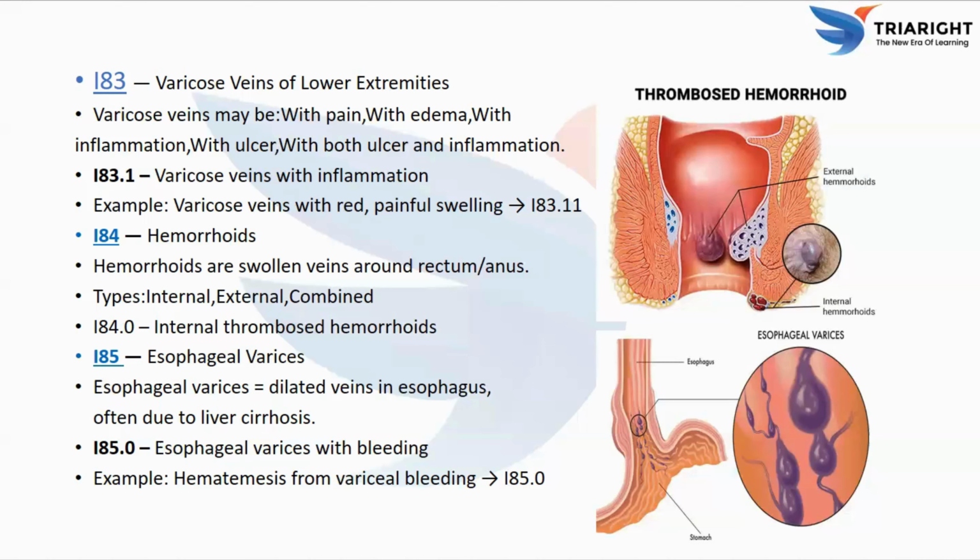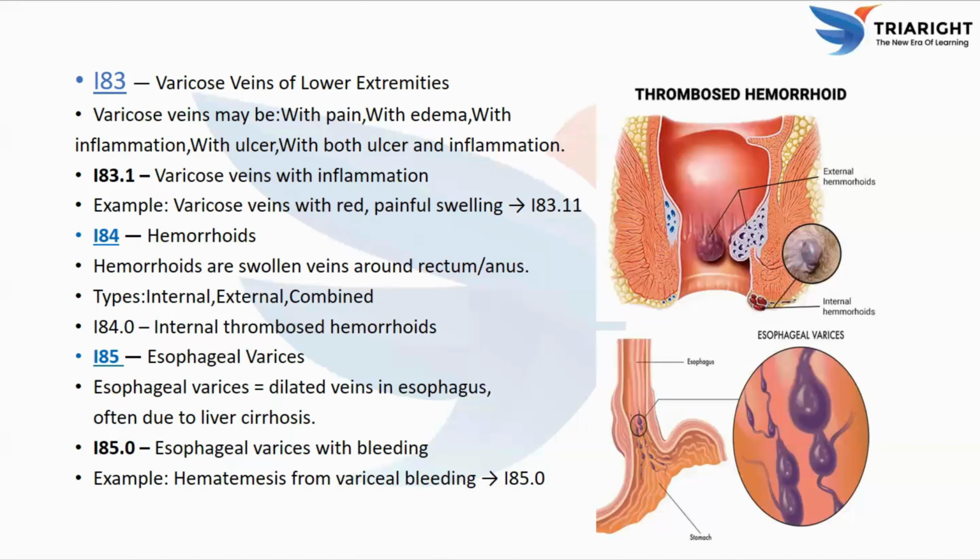Liver cirrhosis leads to increased blood pressure in the portal vein, which is portal hypertension. These are very dangerous because they can burst. So they have the capability of bursting.